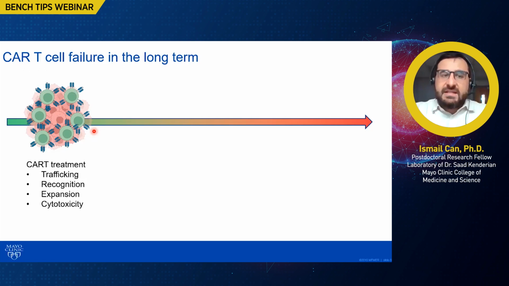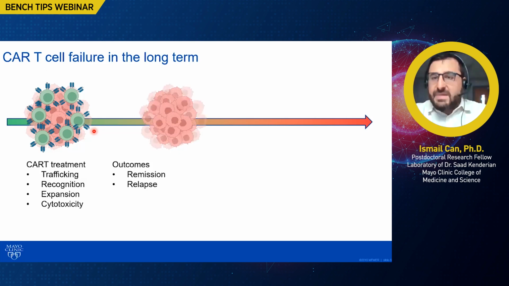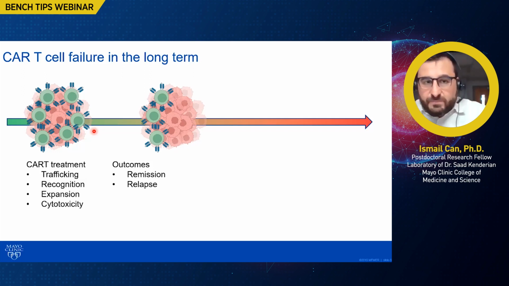They expand, and then they start showing cytotoxicity, starting to eliminate the target cells. This leads to remission. But we know that cancer cells are known to relapse. They can come back, and in patients, they recruit CAR T cells again because the cells are in their system. And depending on the patients, this cycle happens.